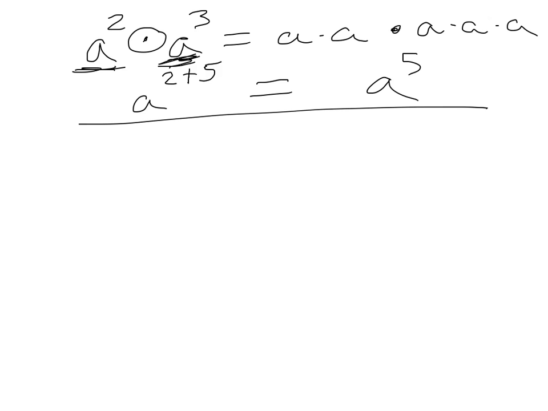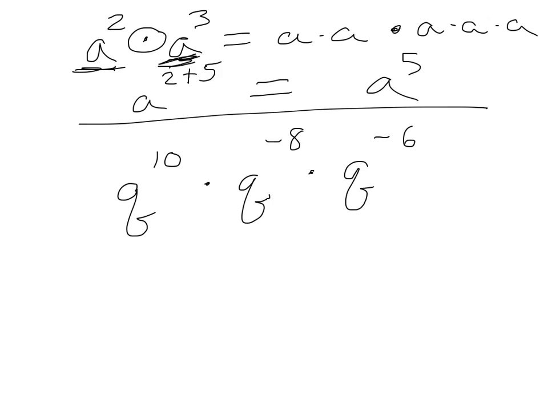Now, if we have q to the 10th times q to the negative 8th times q to the negative 6th, that doesn't faze us because we're still going to add the exponents because we see multiplication of a common base. They're all q's.